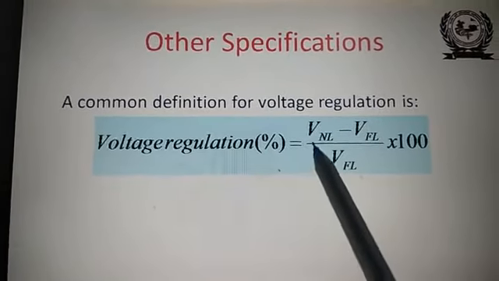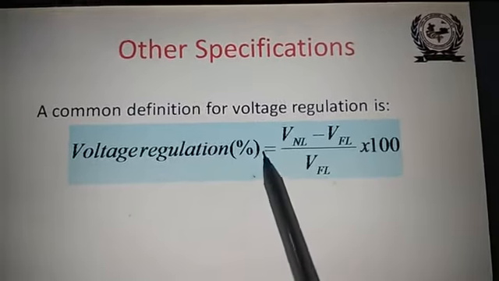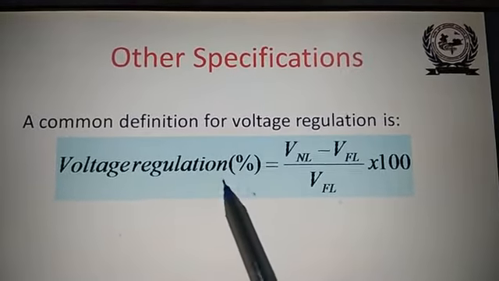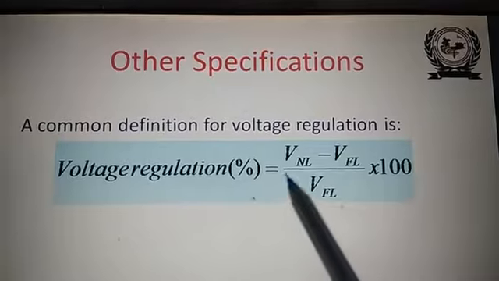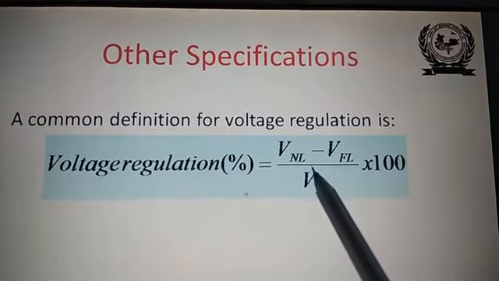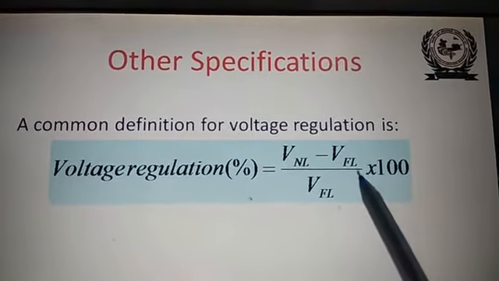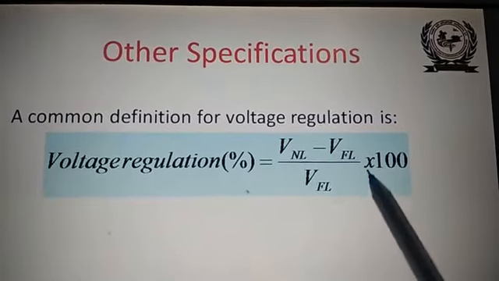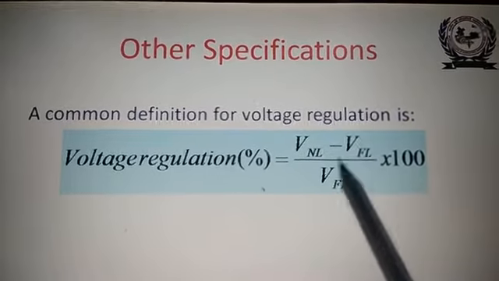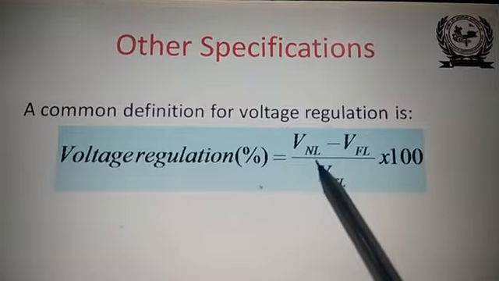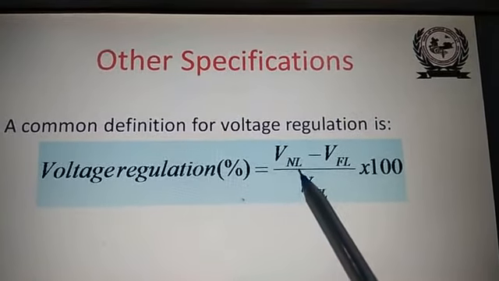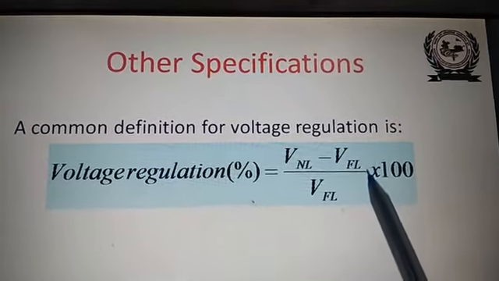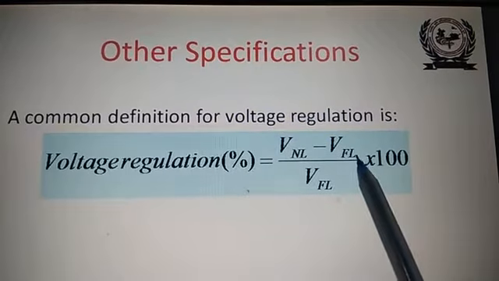In terms of mathematical analysis, we can write the regulation. Voltage regulation is the voltage at no load minus voltage at full load, upon voltage at full load, into 100. Voltage at no load means when the load current is 0. Voltage at full load means when the load current is maximum.